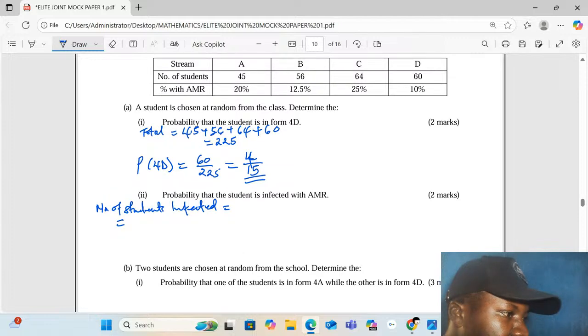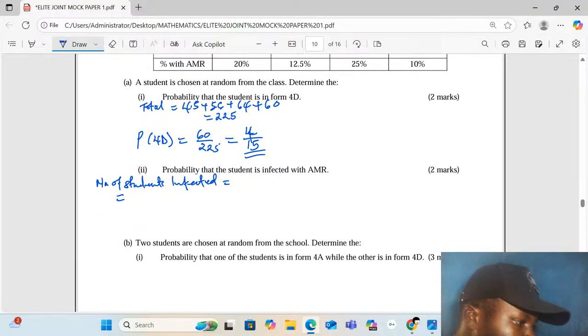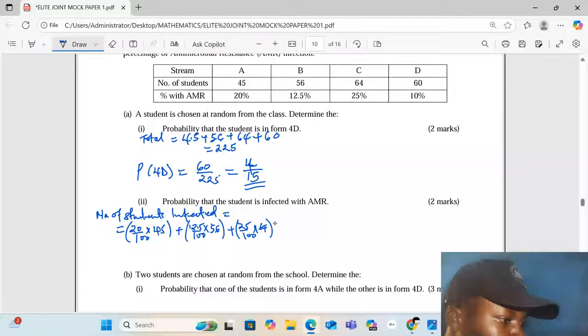We start with 20% of the students in Form 4A, 20 over 100 times 45, the number of students in that class. That is 2.5%, 12% times the students in Form 4C, and so on.